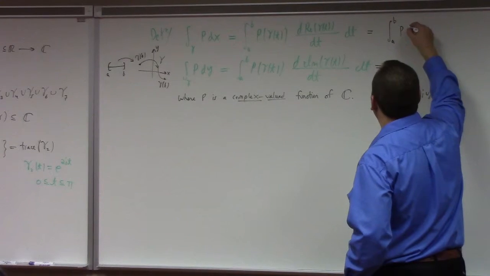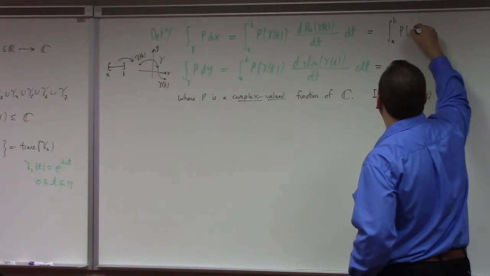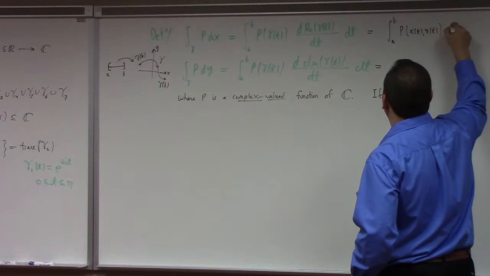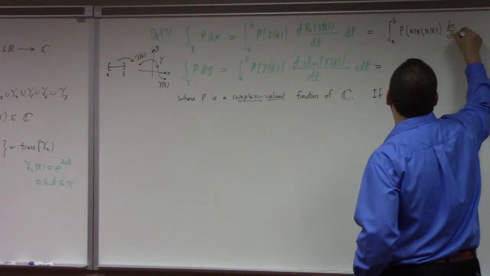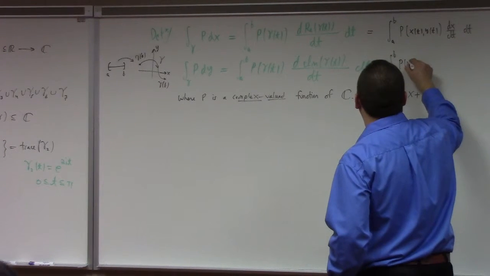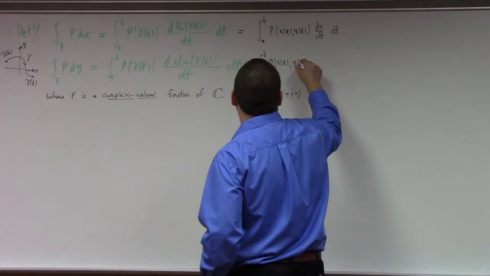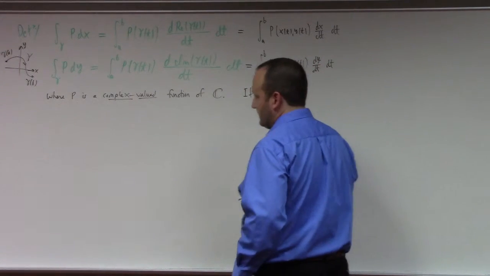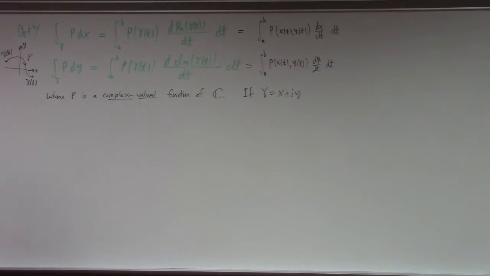So we have the integral from a to b of p of x of t, y of t times dx dt, dt, and the integral from a to b of p of x of t, y of t times dy dt, dt.